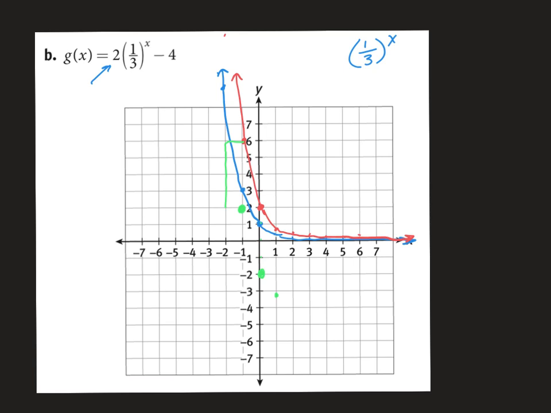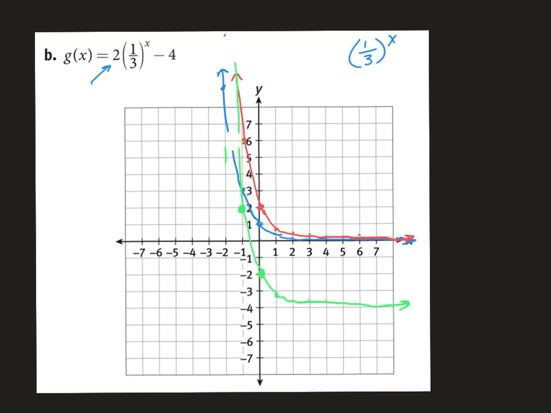It's going to be there. And now we are going to start to asymptote at that -4. So this function, shift this one down 4. It's way off the screen anyway. So here's what our line looks like. And it's asymptoting at -4.